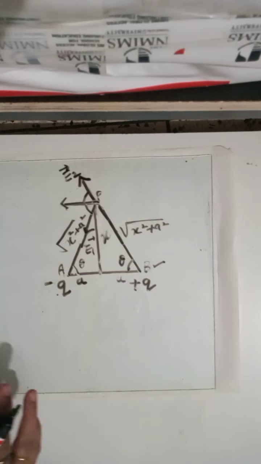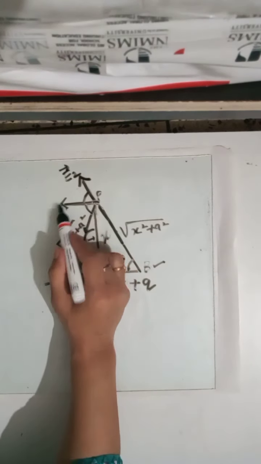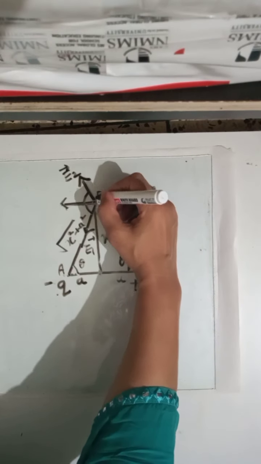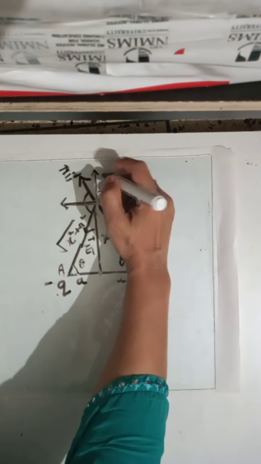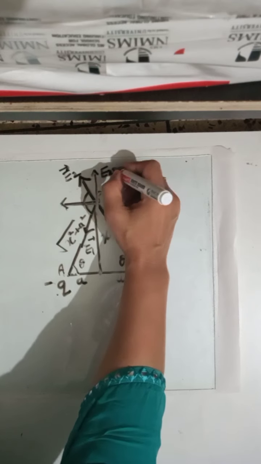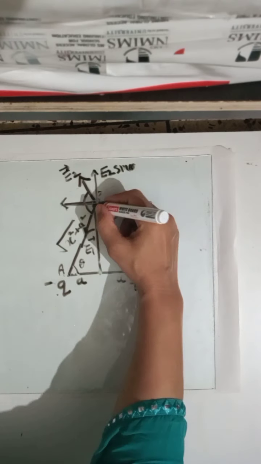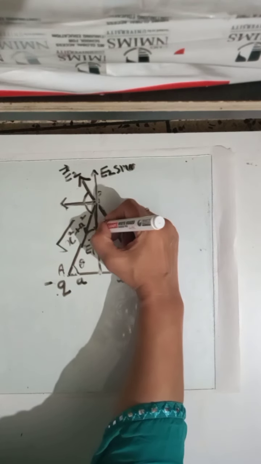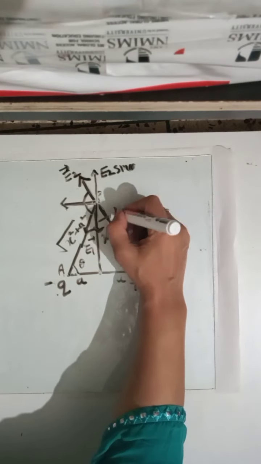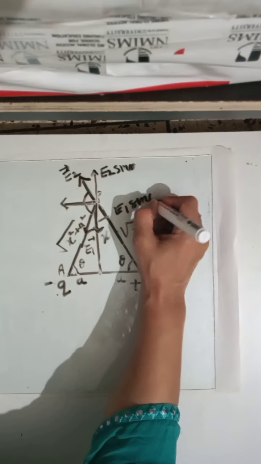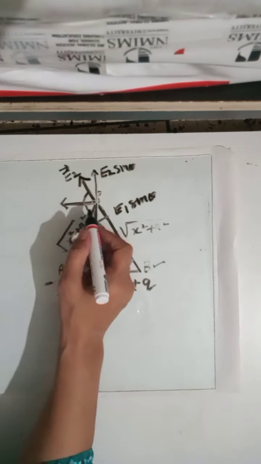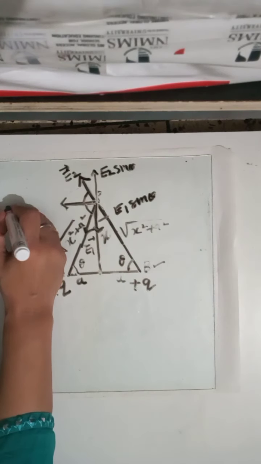Now resolve these electric fields into rectangular components, just like in vector algebra, along two mutually perpendicular directions. Now this is your E2 sine theta, and in the downward direction, this will be E1 sine theta. And in this direction you will get the horizontal component, cos theta E1.